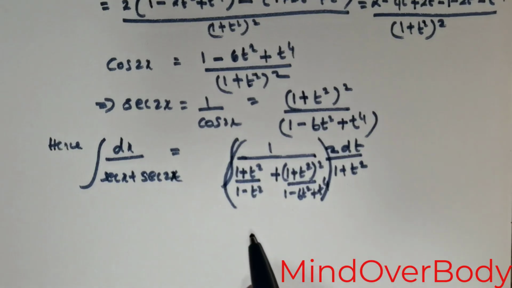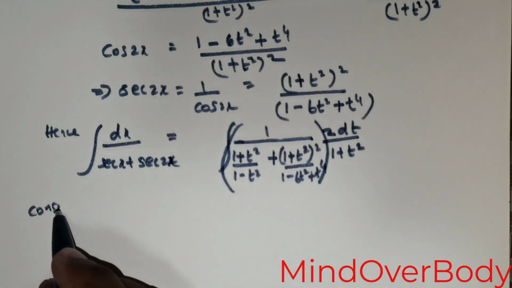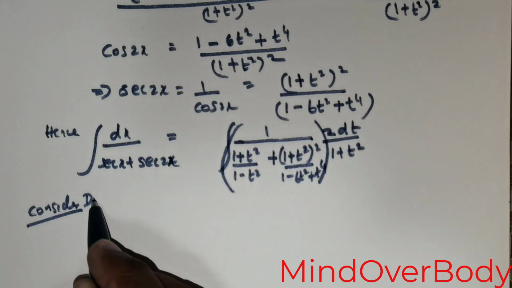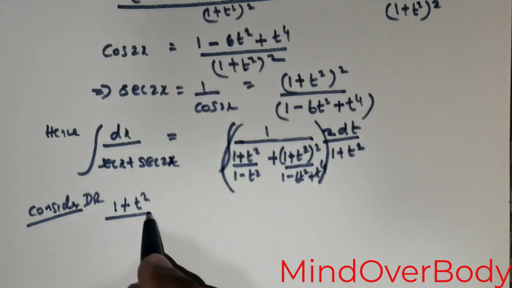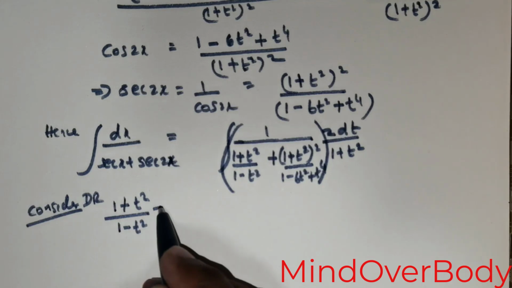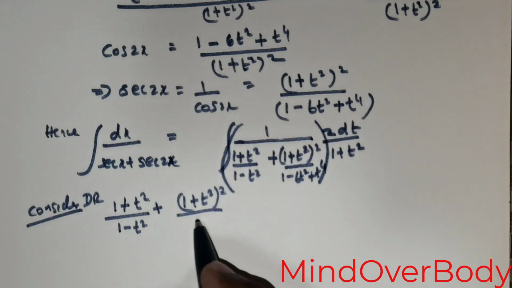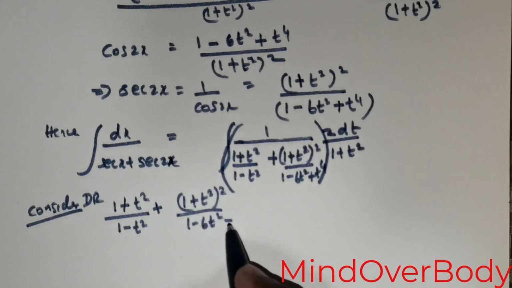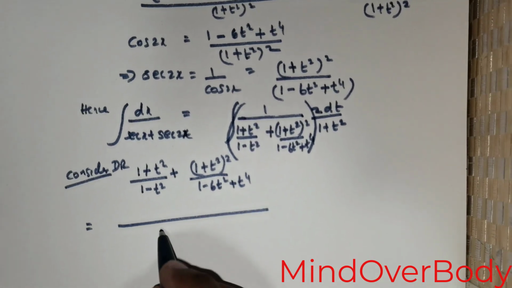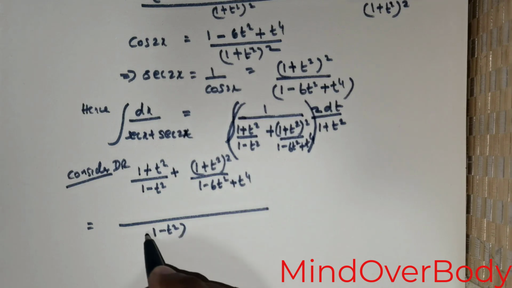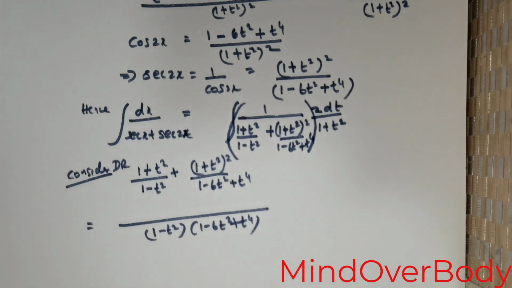So now I'm just going to simplify this term first. Let me just consider the denominator, which is (1 + t²) divided by (1 − t²), plus (1 + t²)² divided by (1 − 6t² + t⁴). Now I want to take the LCM. The LCM is going to be (1 − t²) times (1 − 6t² + t⁴).